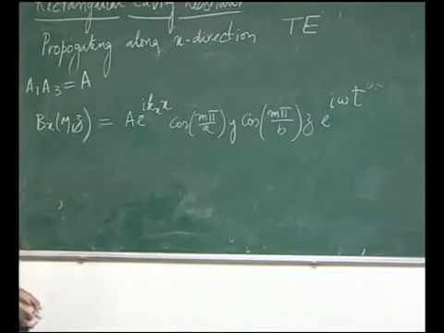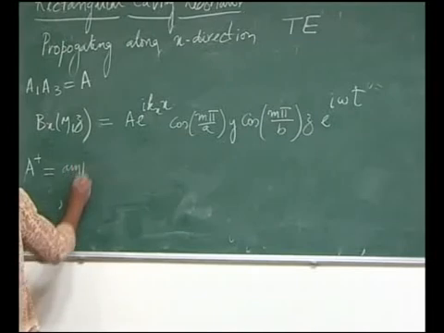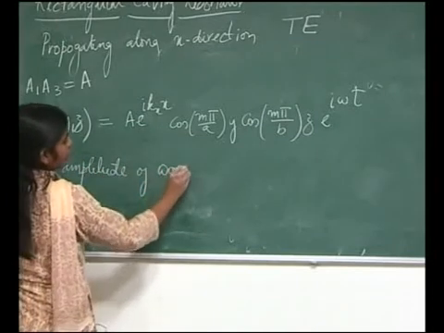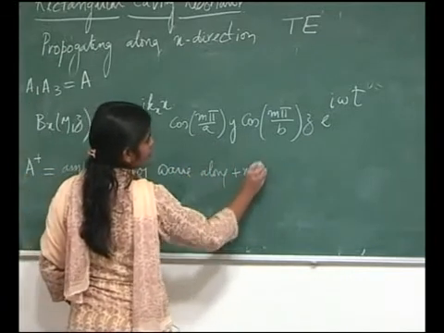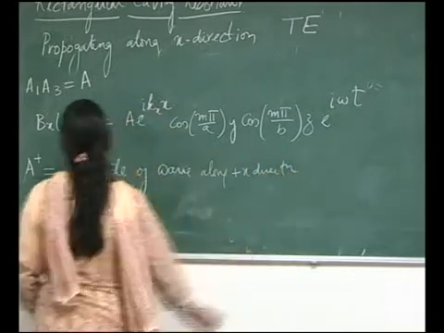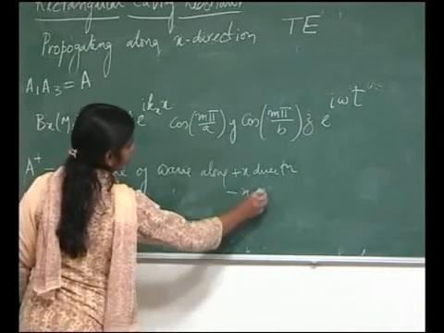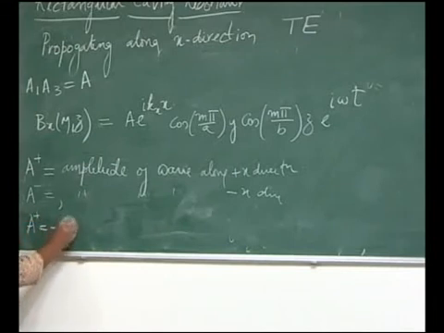So if I assume that a plus is the amplitude of wave along plus x direction, and a minus is amplitude of wave along minus x direction. Okay, and I can write that a plus is equal to minus a minus. The amplitude should be equal.